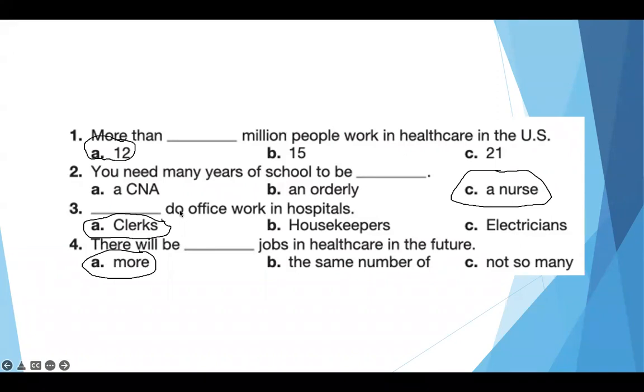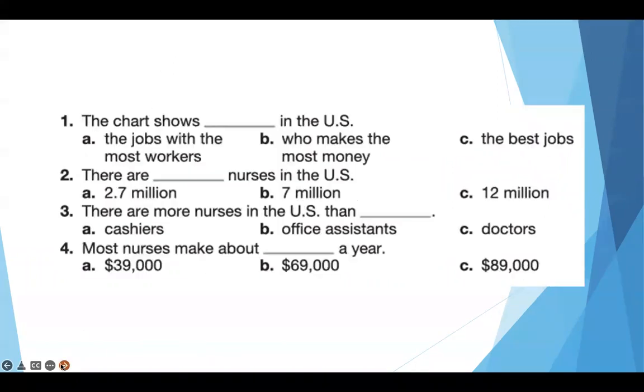All right, I'll go through the questions one more time. More than 12 million people work in healthcare in the US. You need many years of school to be a nurse. Clerks do office work in hospitals. There will be more jobs in healthcare in the future. So now we will try these other 4 questions.